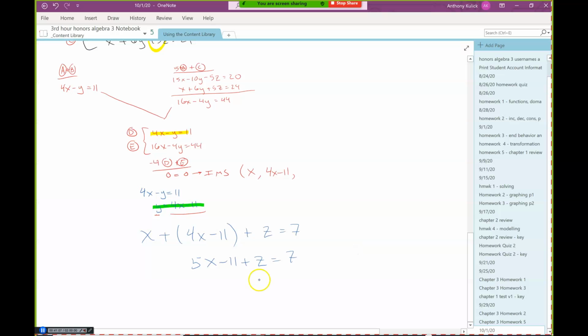And now I'm just going to get z by itself. So I'm going to subtract 5x from both sides, and then add 11 to both sides. And that tells me my way to write z in terms of just x.